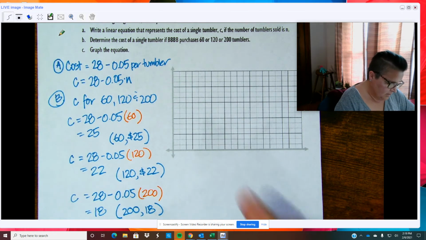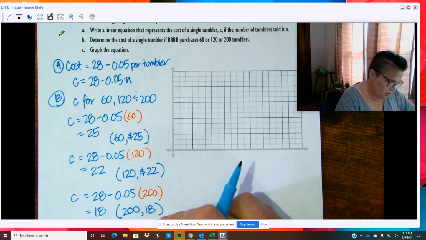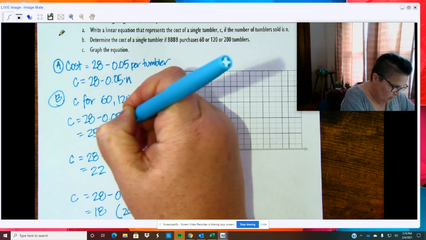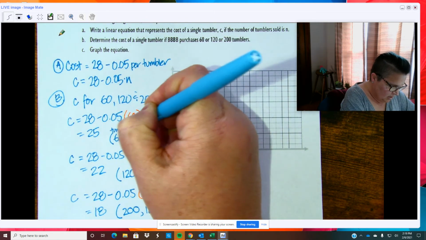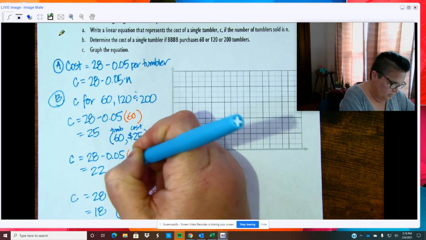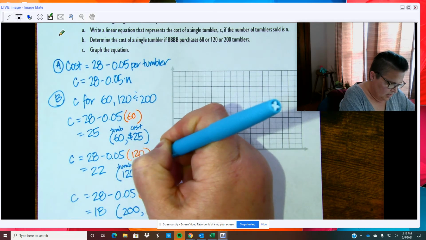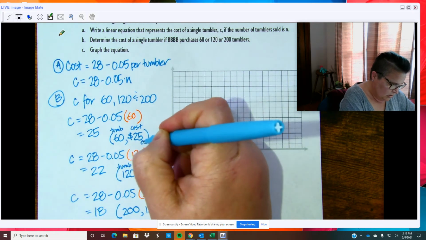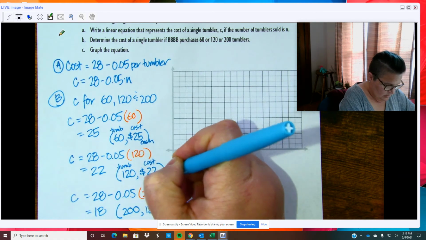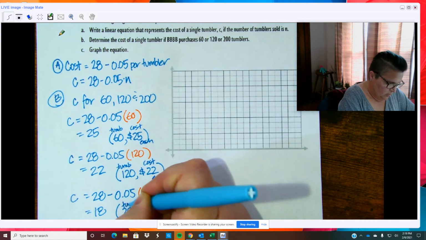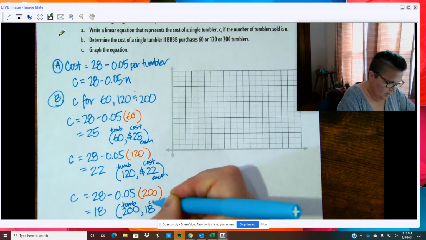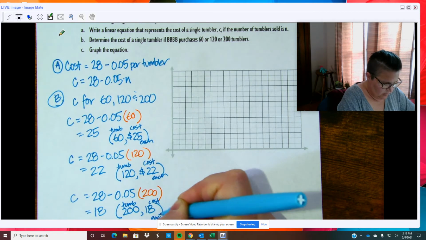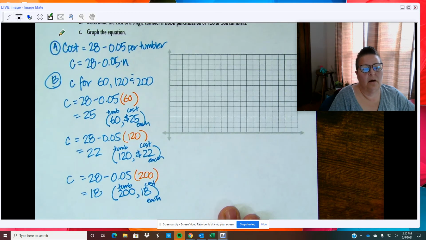All right, so that's part B. I found each. This is the number of tumblers, and that's the cost. 120 tumblers is a cost of $22 each. And if the tumblers number 200, then the cost is 18 each. Okay, all right, so that's part B.